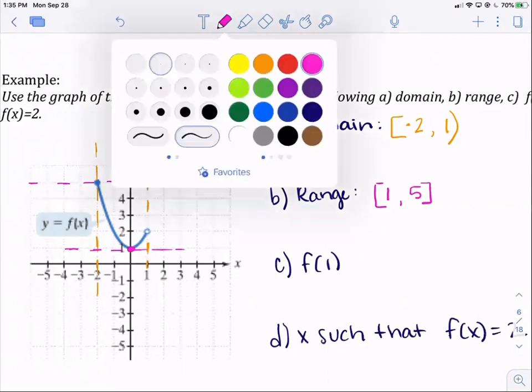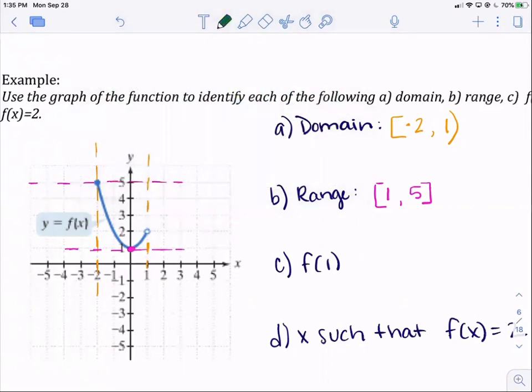f of 1, this is the same thing we've been doing. If we're finding f of 1, what are we plugging in for x? This is saying when x equals 1, y equals what? So on our graph, go to when x is 1.